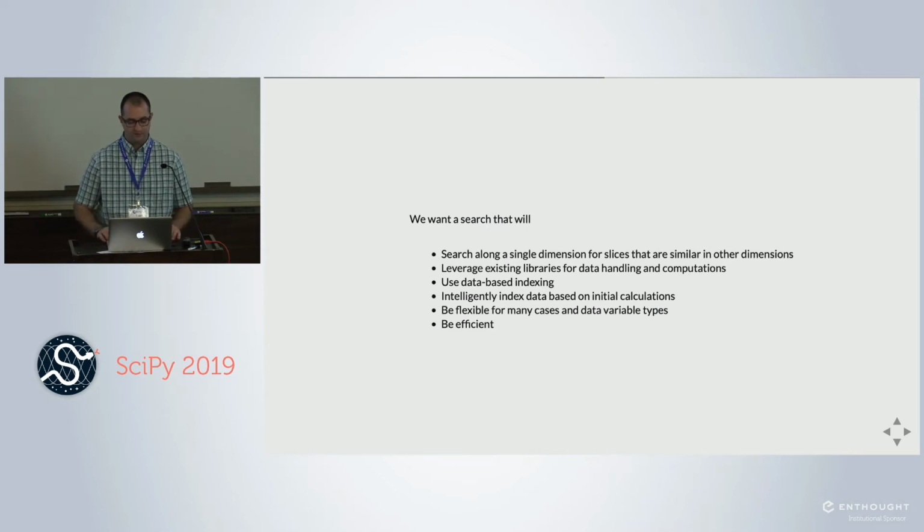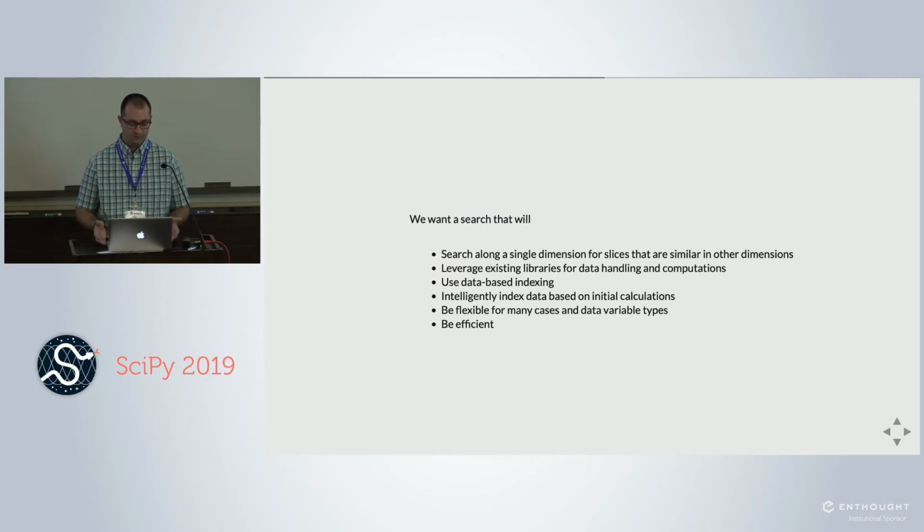Another thing we want to do is leverage existing libraries for data handling and computations. I simply, as a graduate student, don't have time to rewrite all that code myself, so I want to use as much that already exists as possible. Another thing that's really useful is to design code that uses data-based indexing. What that means is if I have a coordinate array that represents all the time steps in my data, I might want to use actual time values, like a pandas timestamp, instead of index values to subset my data set.